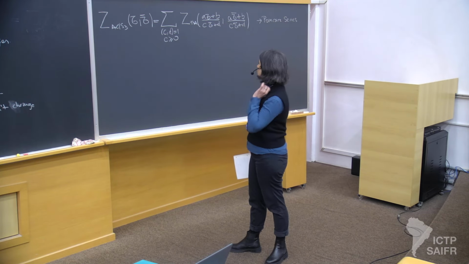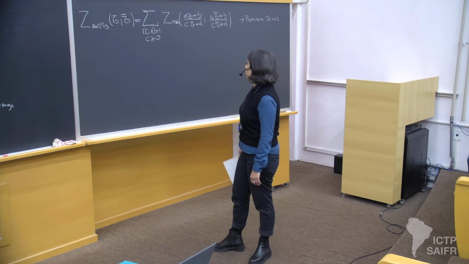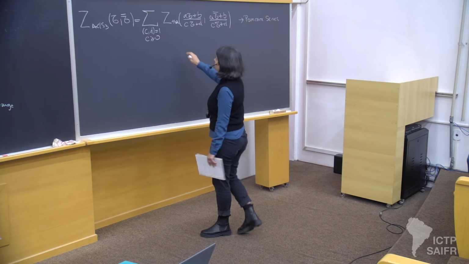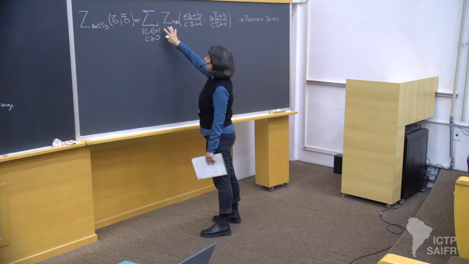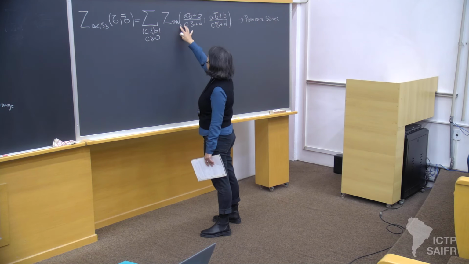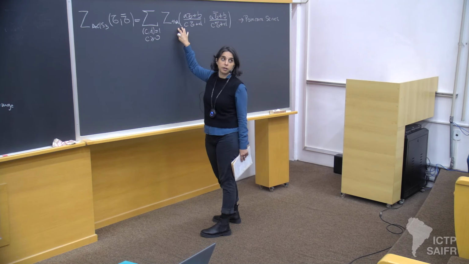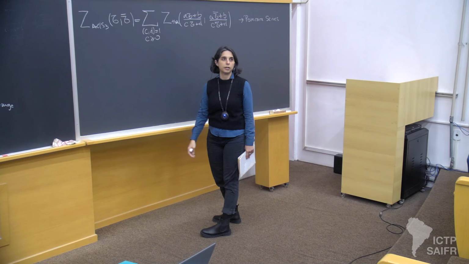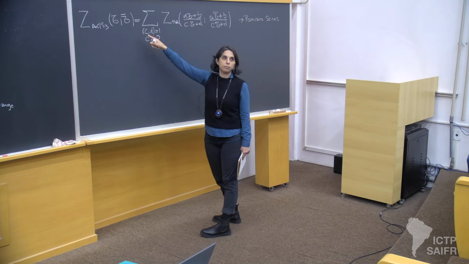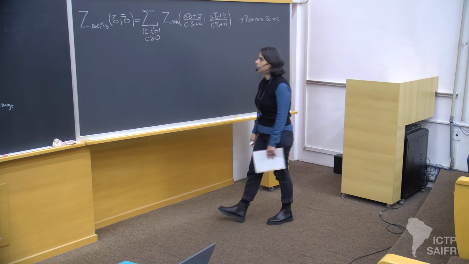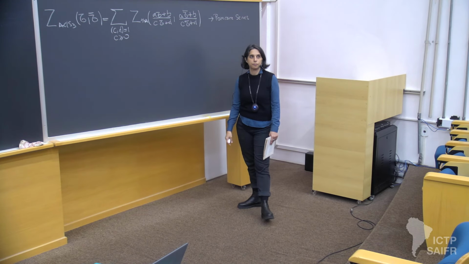So that's the sum that we have to do. But the next thing we have to do, before we can actually do the sum, is to know what this function in here is. C comma D equal to 1 means that they're co-prime.